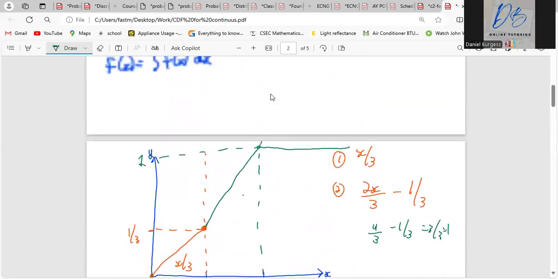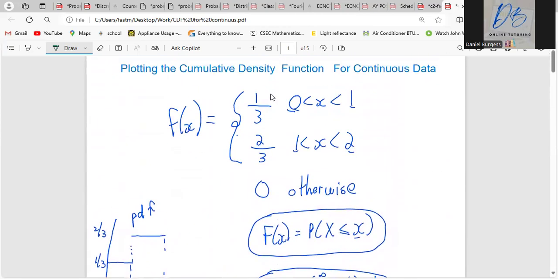So that's a recap. You have a PDF here, they'll give you the PDF. Remember, to get the CDF, you have to integrate the PDF cumulatively. And why are we integrating it? Because for continuous data, the integral of the graph will give you the probability. It's still probability.